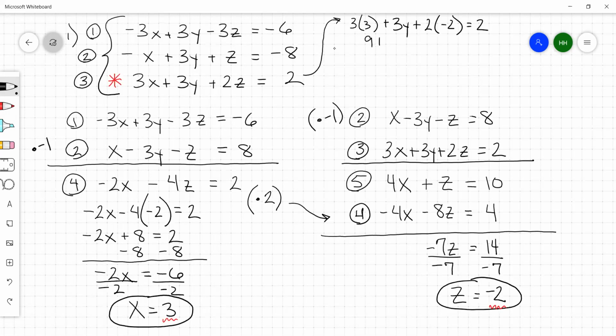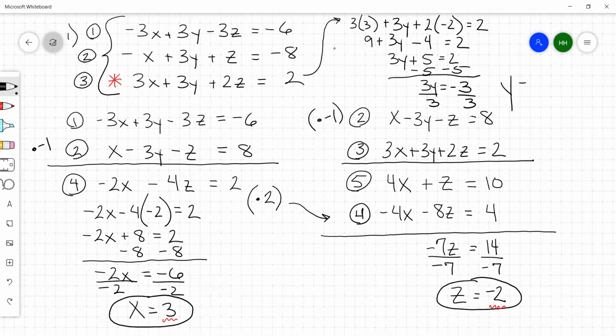So I get 9 plus 3y minus 4 equals 2. When I combine my 9 and negative 4, I get 3y plus 5 equals 2. I'm going to subtract 5. 3y equals negative 3, and I'm going to divide by 3. And y equals negative 1.